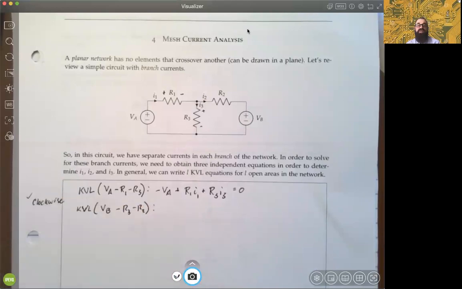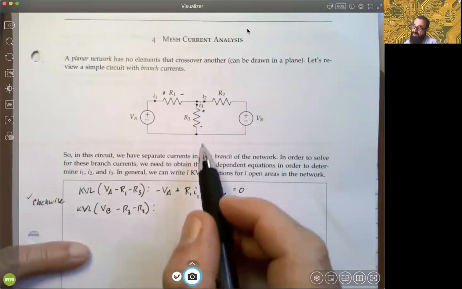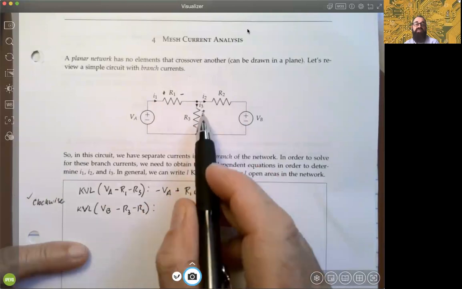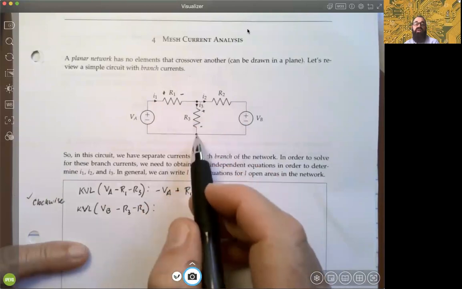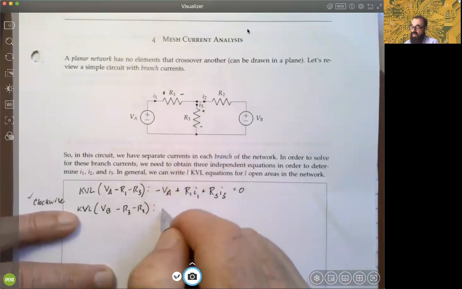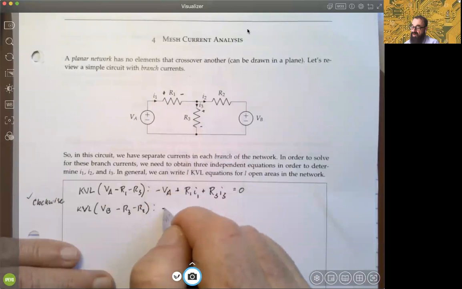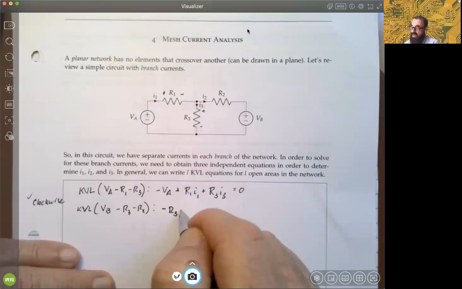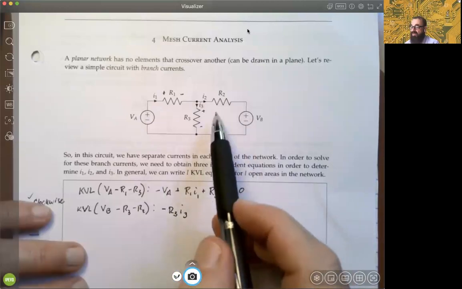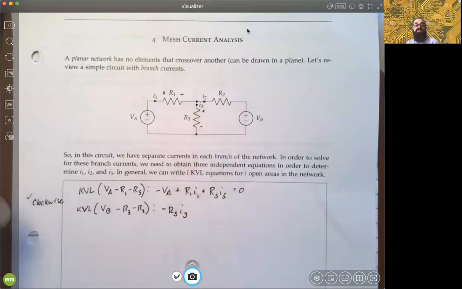As we go clockwise there, in this case you can see that we would come up to the negative polarity. We're opposing the polarity that we had here for the current coming in. So in this case, we would represent the voltage as minus R3 times I3, because we're using the current through that resistance and we're going in the opposite direction of I3.